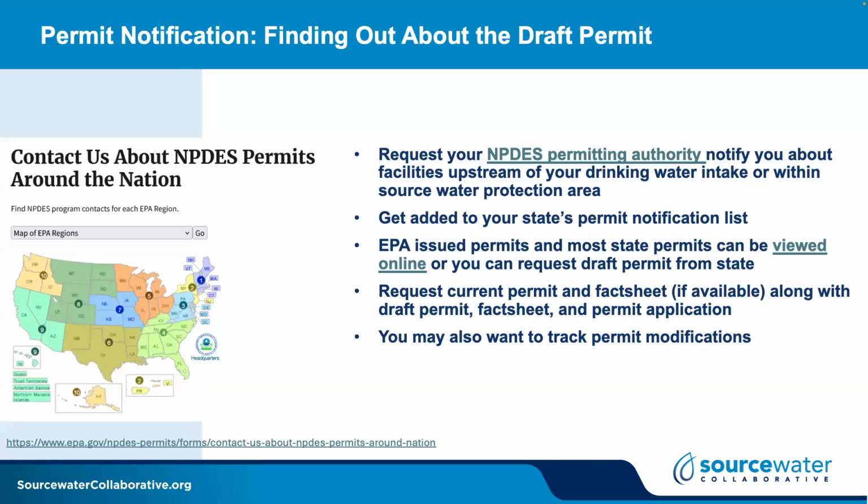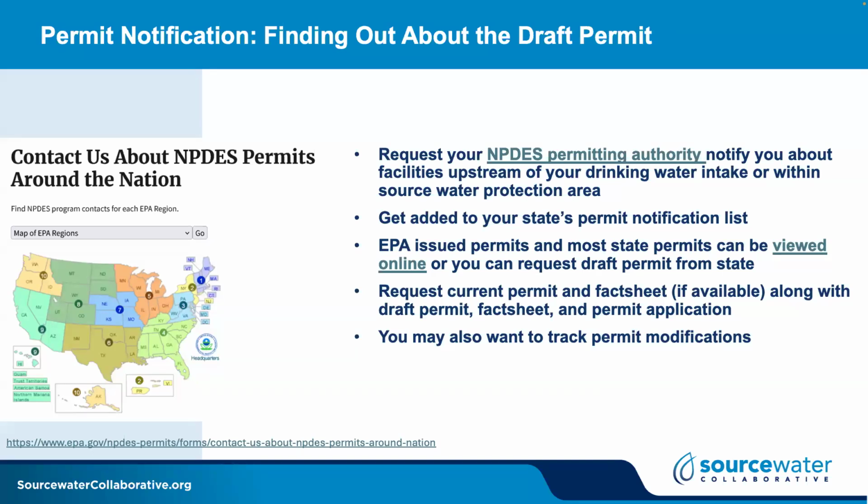Because in some cases, there may actually be opportunities to share information or express concerns you might have about a particular facility that's impacting your drinking water system outside of a normal draft permit reviewing process. So I just want to throw that out there as another way of finding out in advance when a draft permit might be coming out.